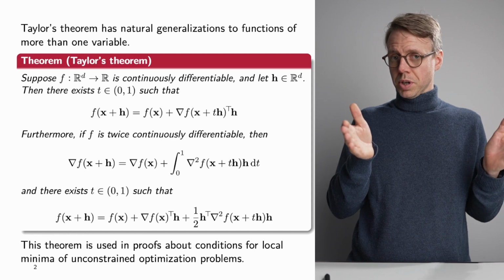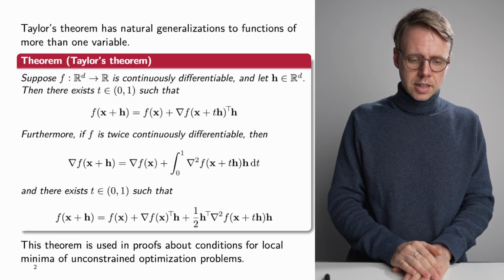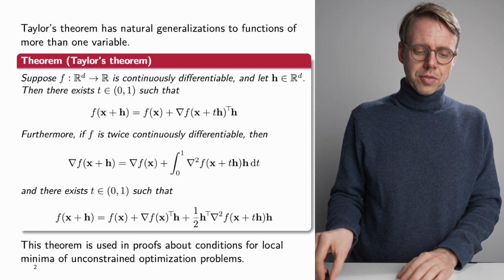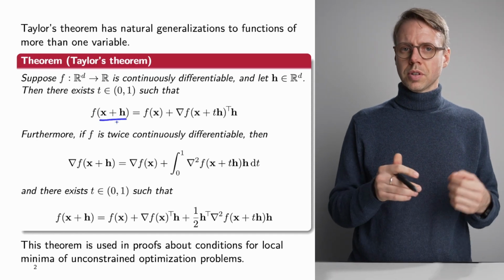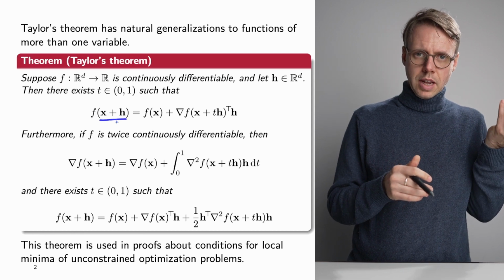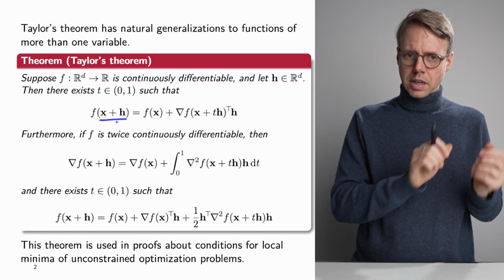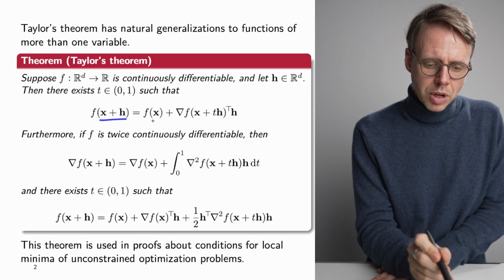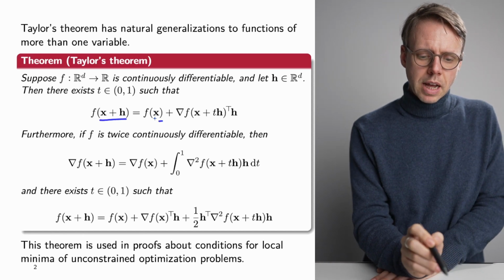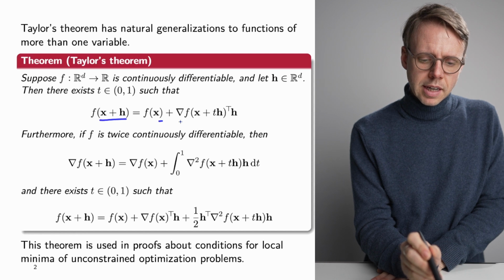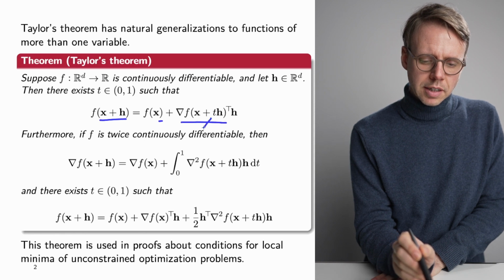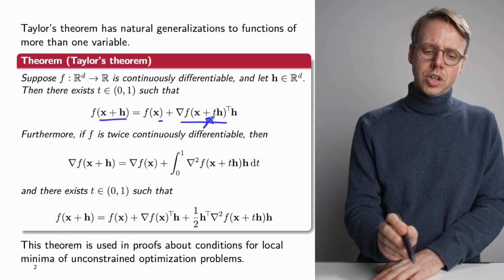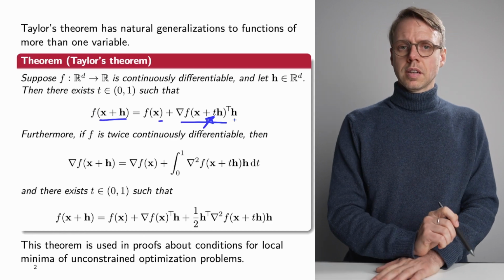We don't know what it is, but we know that it exists, such that f of x plus h, so f at x displaced by h, equals f of x plus a term that is linear in the gradient of f at this point x plus the scalar t times h, transpose times h.